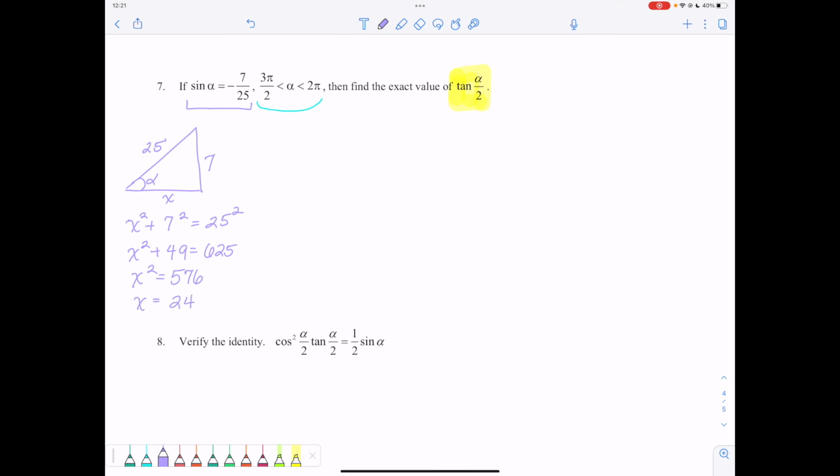Now, we are in quadrant 4. And the sine is negative in quadrant 4, but the cosine is positive.